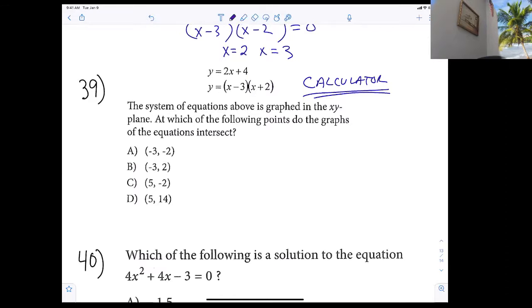Then you just hit enter, enter, enter. And it will find one point of intersection. Is that answer on here? Yeah, I see that. If it found it, you circle it. There are 2 points of intersection, correct? So if your calculator didn't find the right one, you've got to do it again, but you move your cursor closer to the other point of intersection, and then it'll find the other one for you.